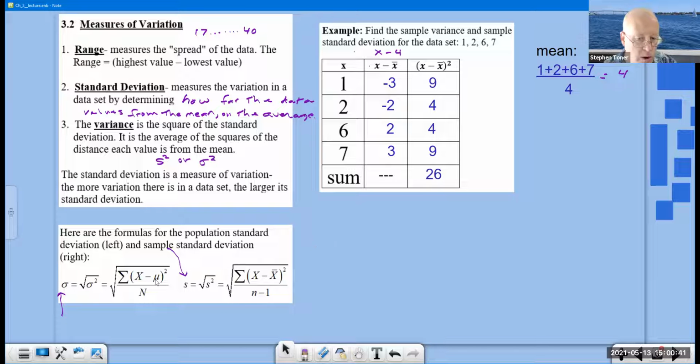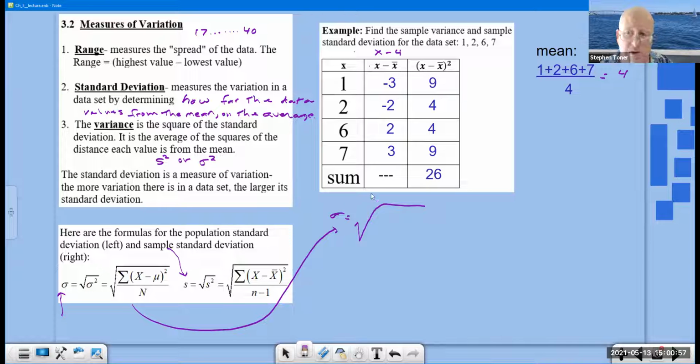Now let's go with the population standard deviation formula. I'm going to take this formula and say, okay, sigma is going to equal the square root of the sum of x minus mu squared. That's the sum that I just found there, 26. Which I'm going to divide by n.